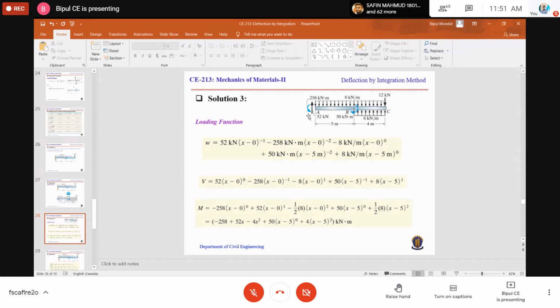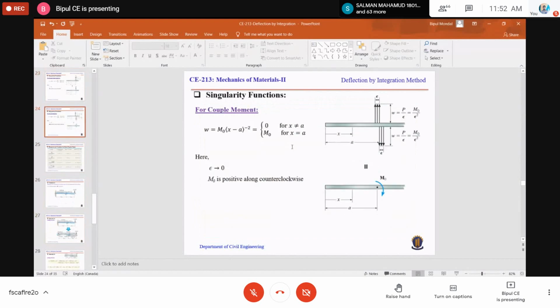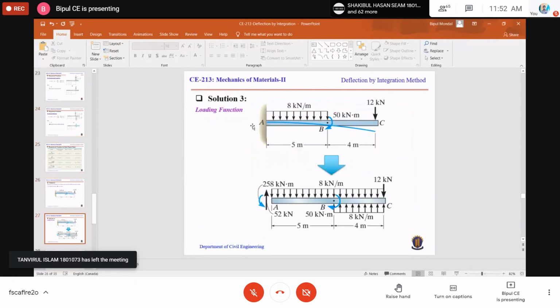Okay. Now there is a concentrated moment which is 258. Concentrated moment 258, right? So concentrated moment, again go to previous slide. If there is any concentrated moment, what is the equation of equivalent distributed load? That is concentrated moment times x minus a to the power minus 2.